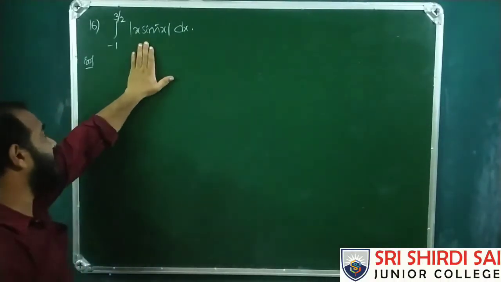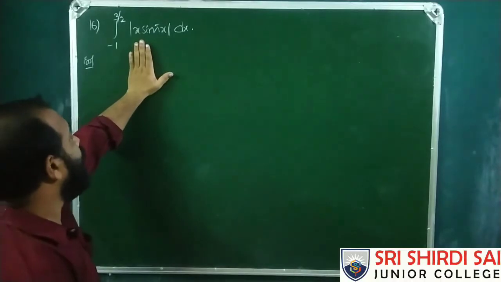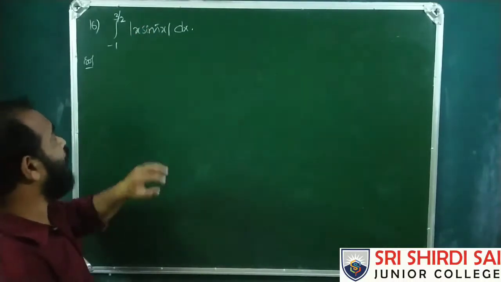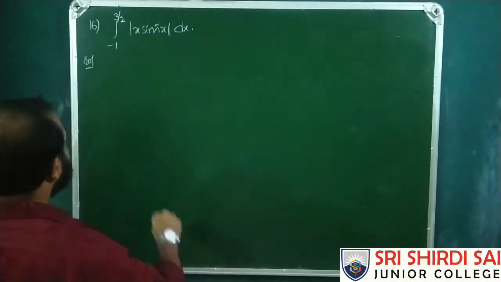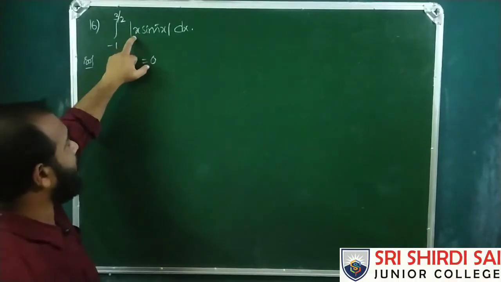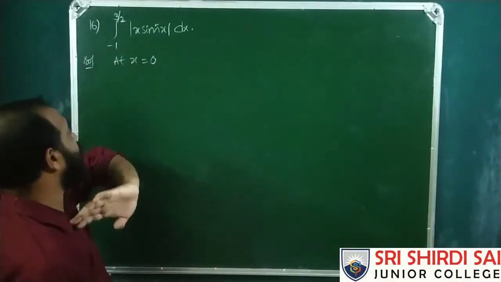To discuss that, first we need to see where it yields 0. At x equals 0, this value clearly gives 0 because 0 into something is 0.